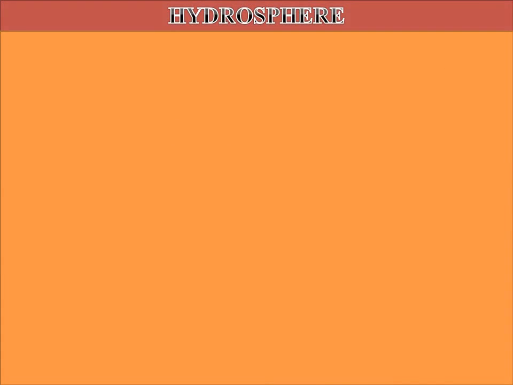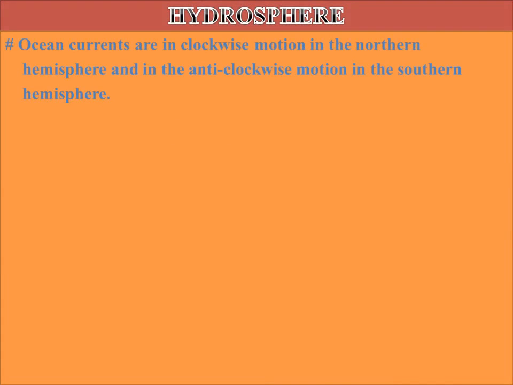Ocean currents move in a clockwise motion in the northern hemisphere and an anti-clockwise motion in the southern hemisphere. The factors that generate ocean currents are earth's rotation, prevailing winds, and differences in temperature and salinity of ocean water.